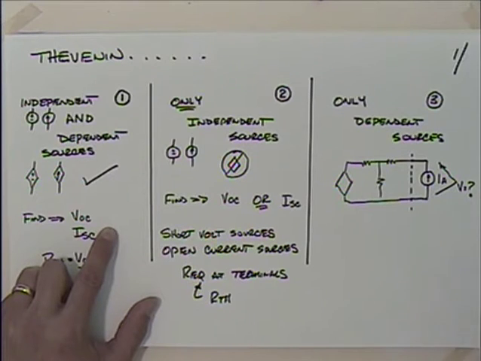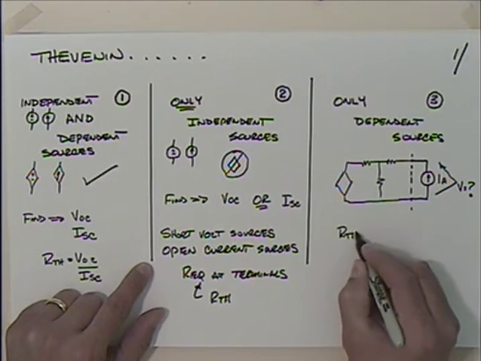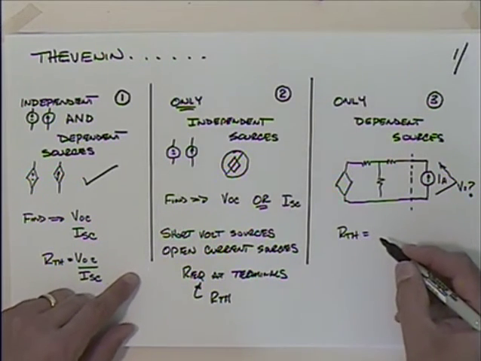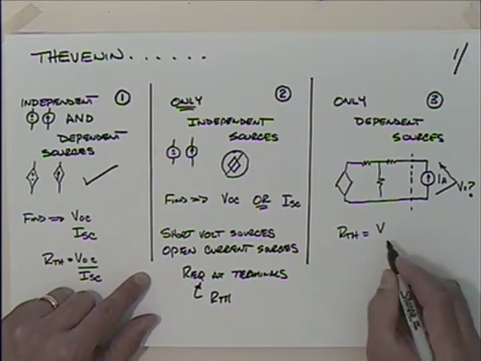Hopefully I'm still on screen there. And you can say then that R Thevenin is equal to, well, not the open circuit voltage, but really the voltage that you find, divided by 1 amp.